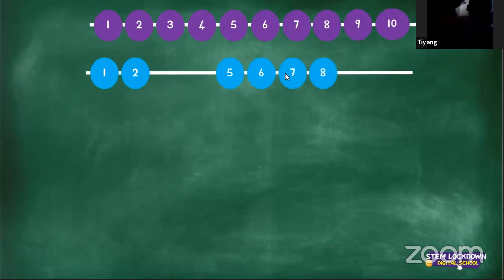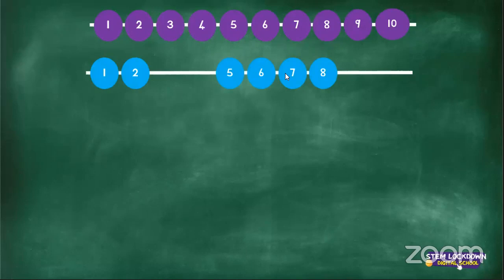Now there are many missing. So have a look at your bead line on your page. Have a look at the light blue bead line on the screen. Look carefully. Once you've got the answers, I will unmute you so you can give us the answers.